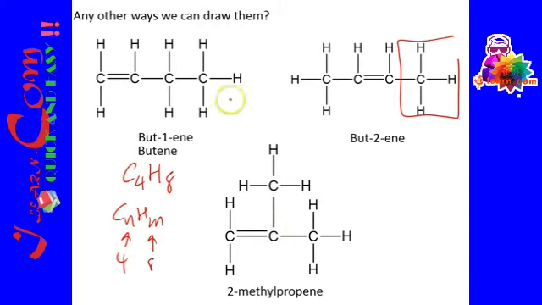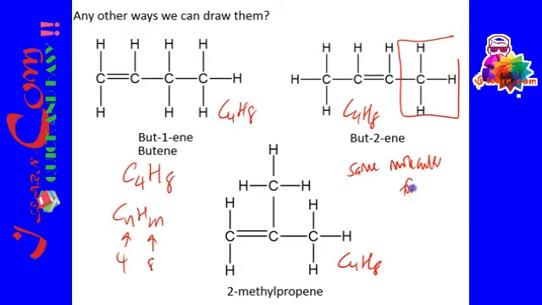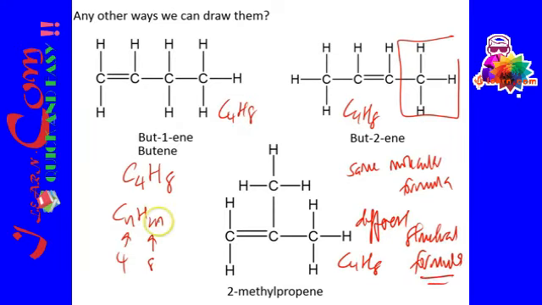So again, they are all C4H8. So if you recall, they have the same molecular formula, but different structural formula, which means that they are all called isomers, right?